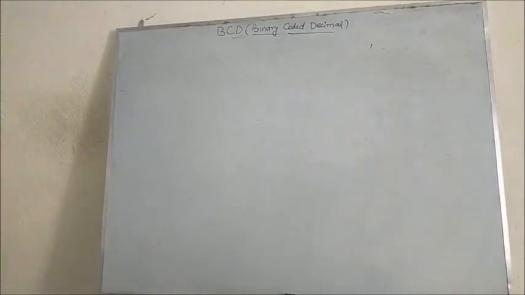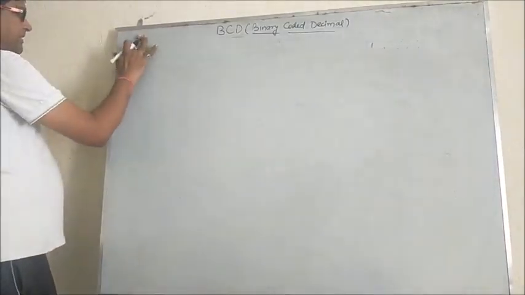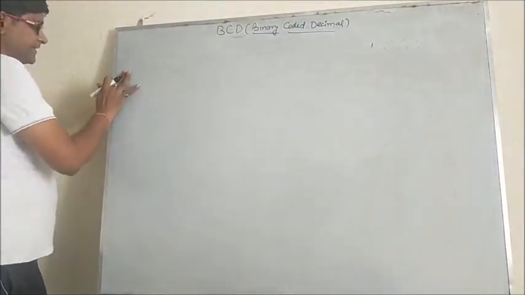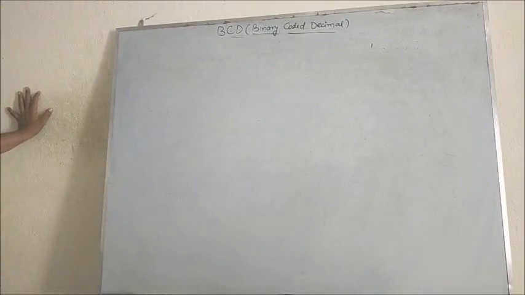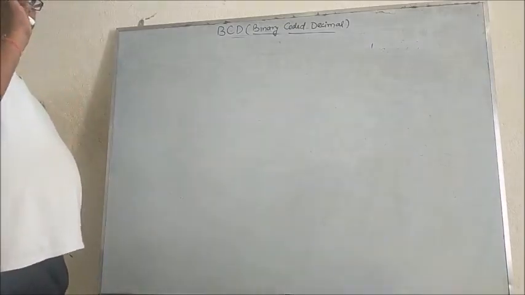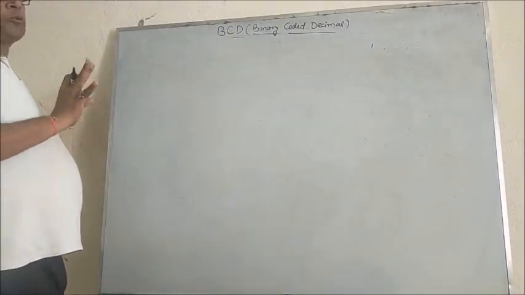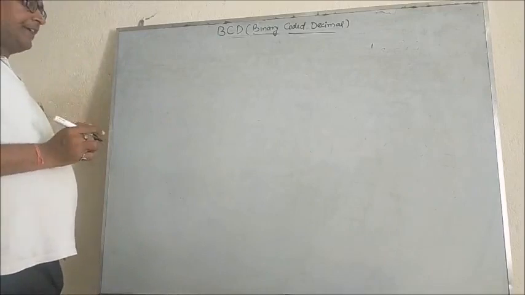Okay, now I am going to represent some numbers, some conversions, and through the conversions I will reach a point where I will show you the disadvantage of BCD code. For that, let us assume that if no constraint is given to us, then we will just take 4 binary digits to represent any number, right?